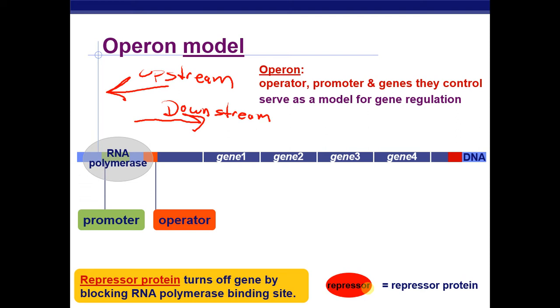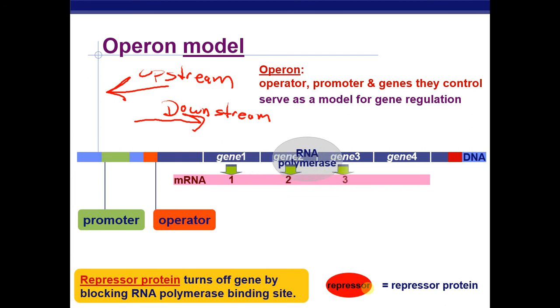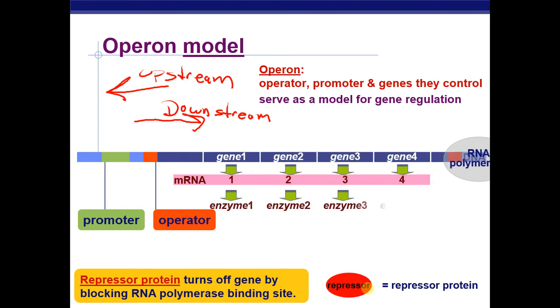So without the repressor protein active, the RNA polymerase can move down the DNA and transcribe those genes into mRNA, and then those mRNA will be translated into proteins for those 4 enzymes. So when it is turned on, this is what will happen.